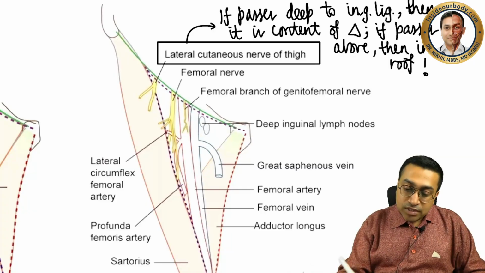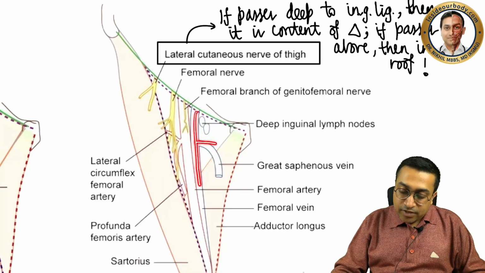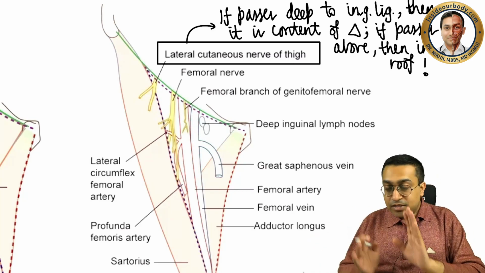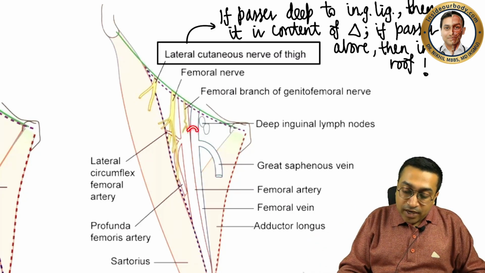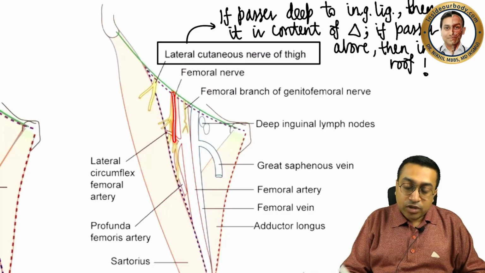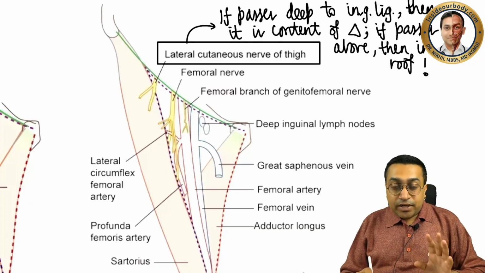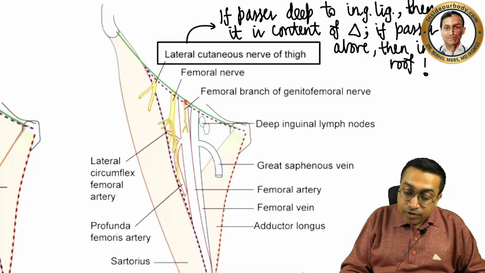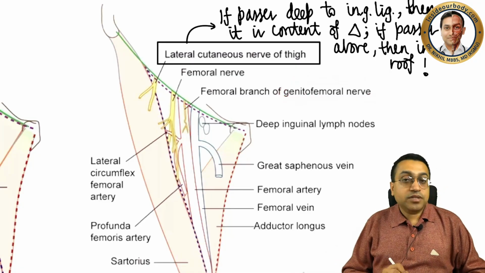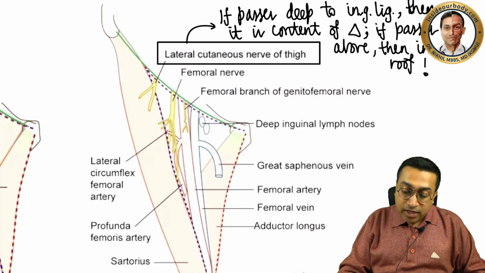So can you see these structures here, the femoral vein is lying medially, that is the main point to remember. Then lateral to the femoral vein you have the femoral artery, and then lateral to the femoral artery you have the femoral nerve. But there is another nerve, the femoral branch of the genitofemoral nerve, which is present here, which is again a part of the femoral sheath.